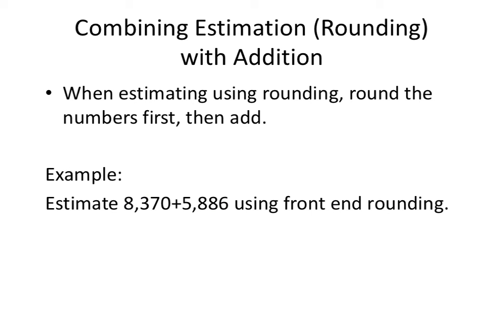All right, combining estimation or rounding with addition. So there, of course, we've got front-end rounding here, but we may see some rounding where it tells us to focus on a specific place value, okay? Now, we mentioned this in the rounding section, the last section we did: sometimes when you're front-end rounding with lots of numbers, or even two numbers, right, like this, these two numbers have the same number of place values, but it is possible that they don't.